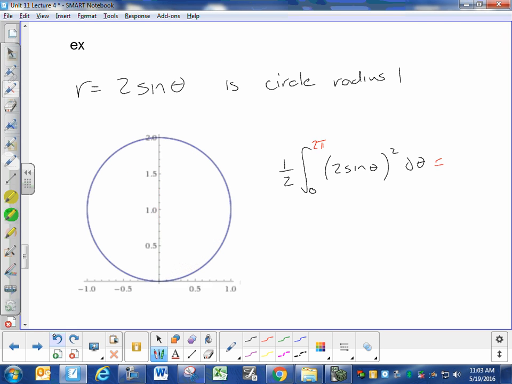Now you don't have to be in polar mode to find area. You could be in function mode. Doesn't matter. But go to your home screen. Math 9. 1/2, 0, 2 pi, in parentheses, math 9, 0, 2 pi, in parentheses, 2 sine theta squared d theta.